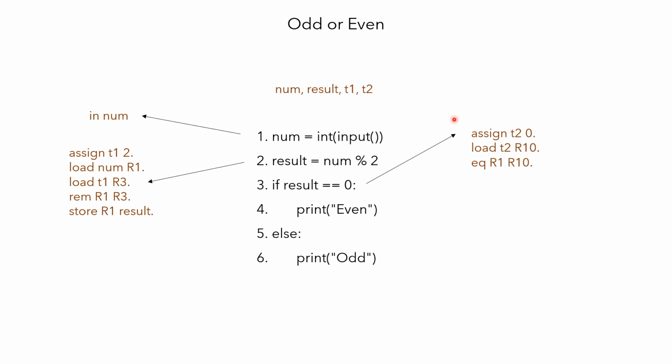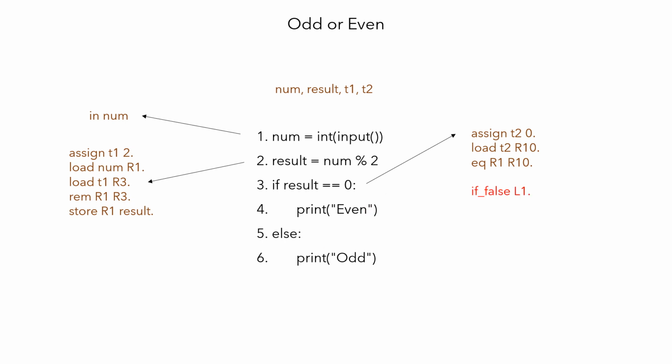We assign T2 the value 0. That's the reason we have declared T2 here. And then we are loading T2 to R10. That is, 0 gets loaded to R10. Now we have both result and 0 in registers. R1 contains the result, and R10 contains 0. And now we are ready to do a comparison.